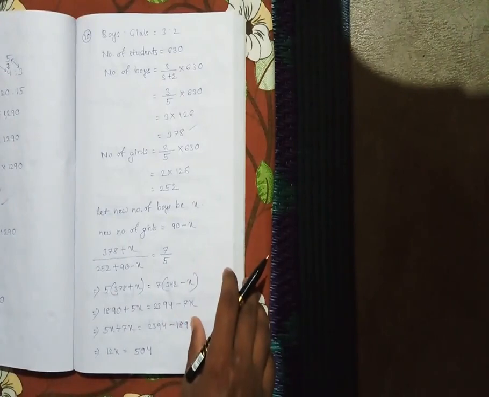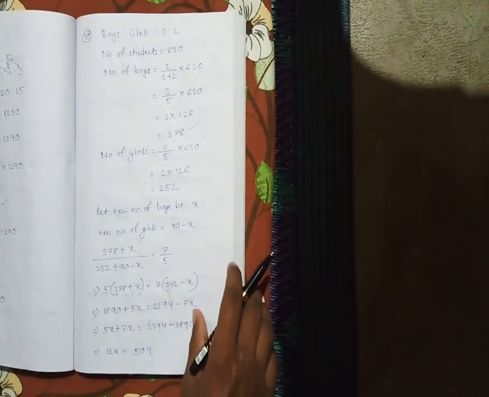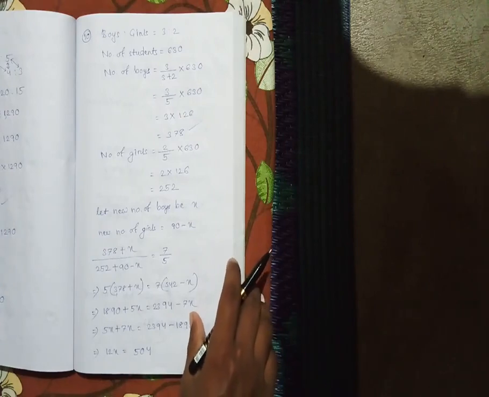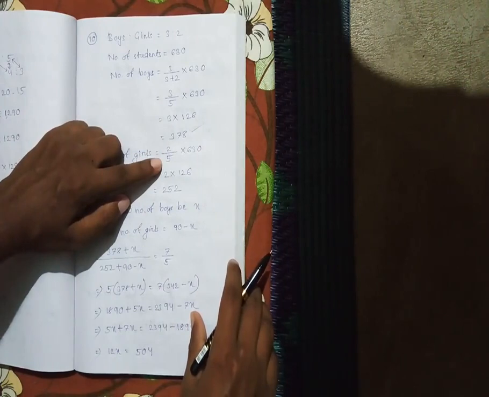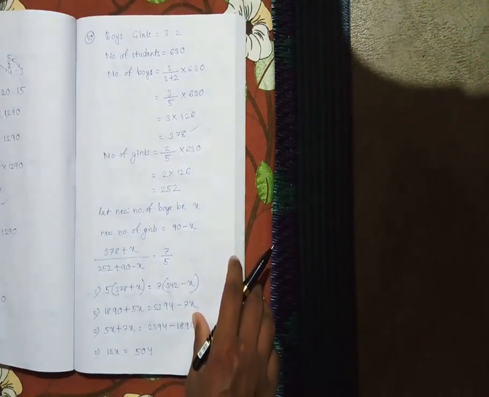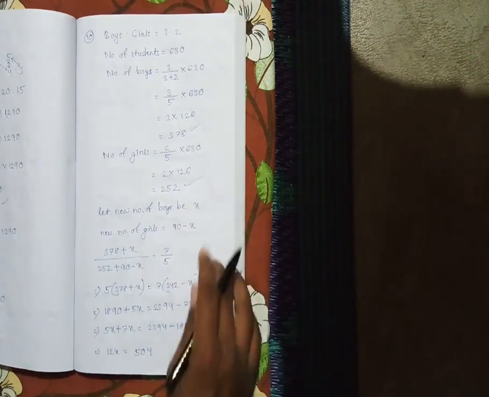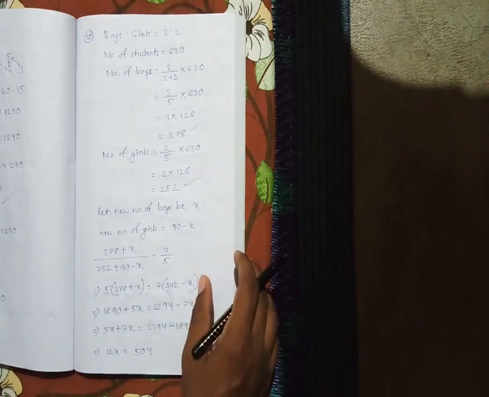So the number of boys in the school is 378. Similarly, the number of girls will be the corresponding term, that is 2 by the total sum of all the terms, that is 5, into 630, that will give us 252. So the number of girls is 252.